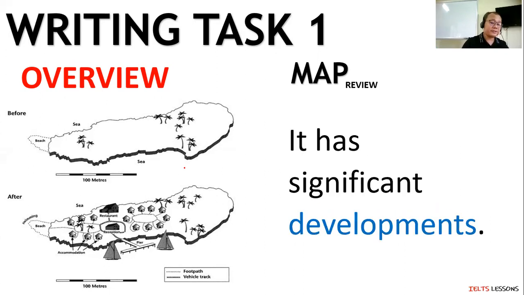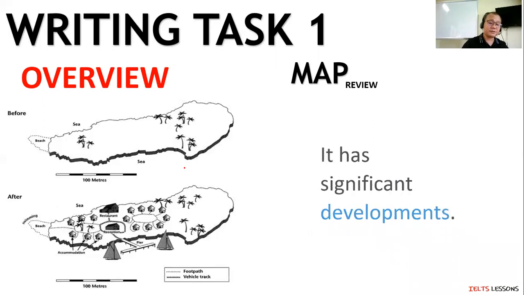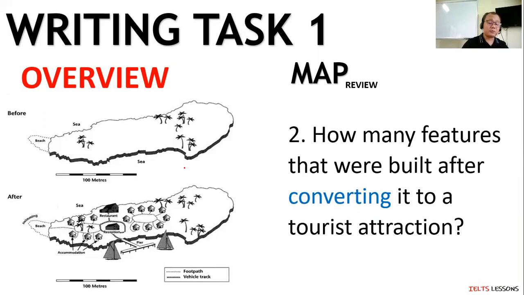Yes, it says here it has significant developments. Before we have the overview, can you tell me, Xiang, how many features were built after converting it to a tourist attraction? Can you count the number of features that have been added? Let me see. Okay, sure, no problem. Just count. Maybe 4.